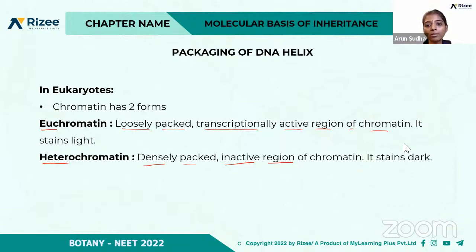So are you clear with that? There are 3 other types of DNA, right? Okay, so we'll discuss a few questions then. I hope you're clear with the structure of DNA.